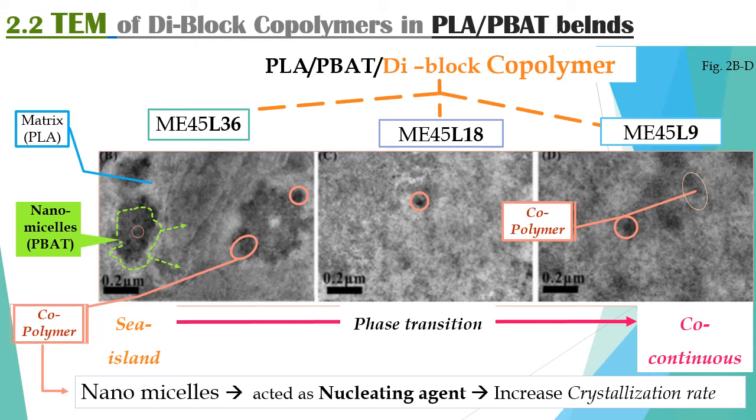The nanomicelles act as an effective nucleating agent to strengthen the crystal growth of polymer blends between PLA and PBAT blends, which affected the crystallization rate. As you can see, in PLA and PBAT polymer blends with the block copolymers ME45L9, it is difficult to find the larger particles of PBAT.